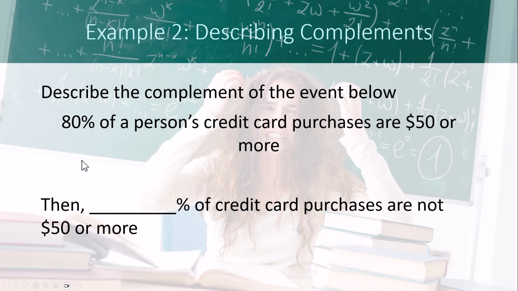And remember, if you're in the complement, then that means you are not in the event. So the complement of 80% is going to be 20%. You have an entire sample space of 100%. 80% is going to be here, so then 20% has to be in its complement.